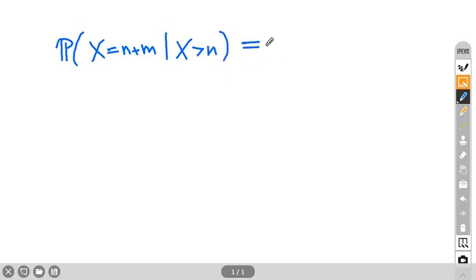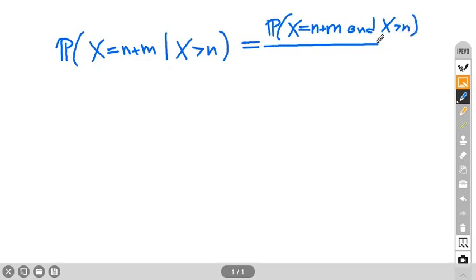By definition of this conditional probability, we need to calculate the probability that x is equal to n plus m, where n and m are natural numbers, and x is larger than n, over the probability that x is larger than n.